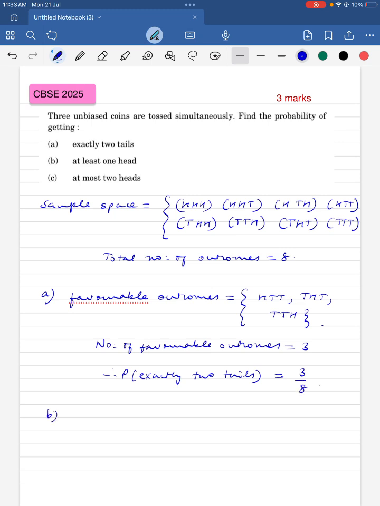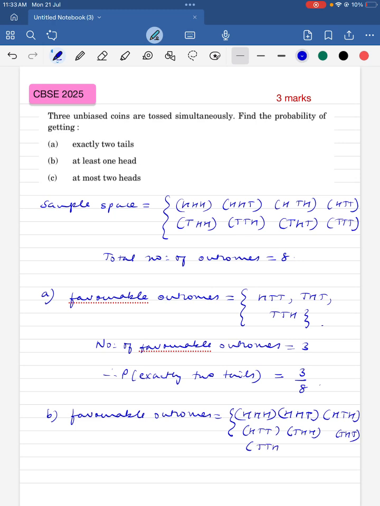Now, in the second part, they're asking you to find out the probability of getting at least 1 head. Now, at least 1 head means it could be 1 head or more than 1 head. Okay, so let's write out the favorable outcomes. So the favorable outcomes here would be HHH, HHT, HTH, HTT, THH, THT, and TTH.